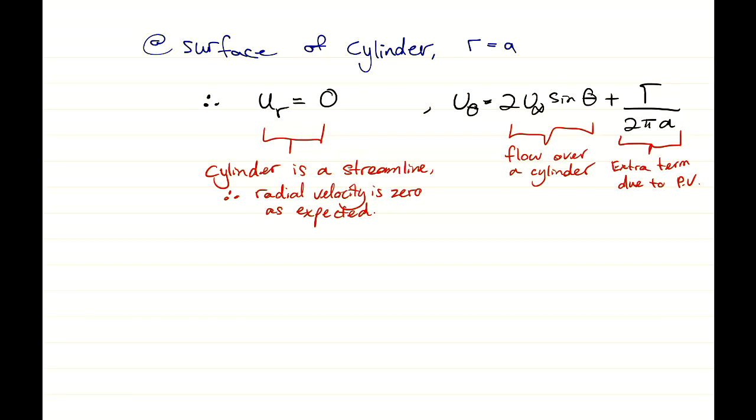Now that we have ur and u theta, we can find Vc squared. Vc squared is basically just u theta squared plus ur squared, and we know that ur is 0, so Vc squared equals u theta squared.